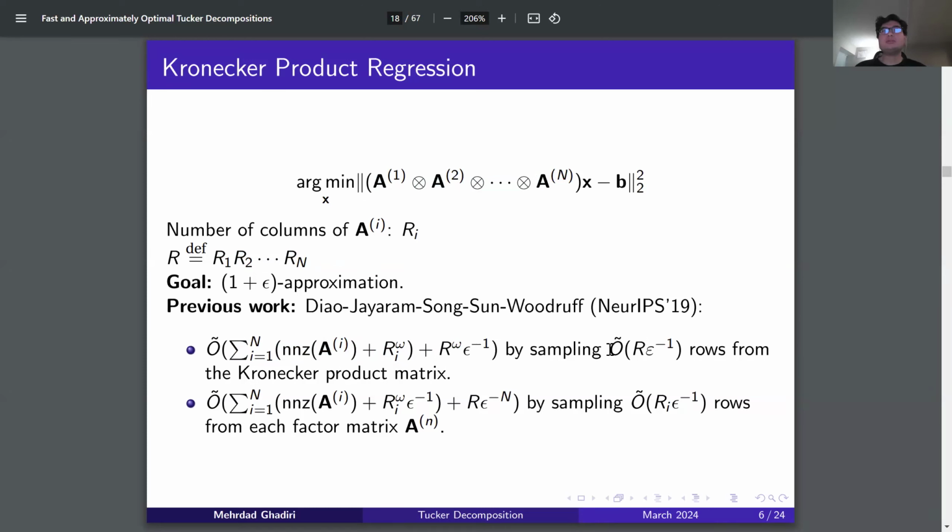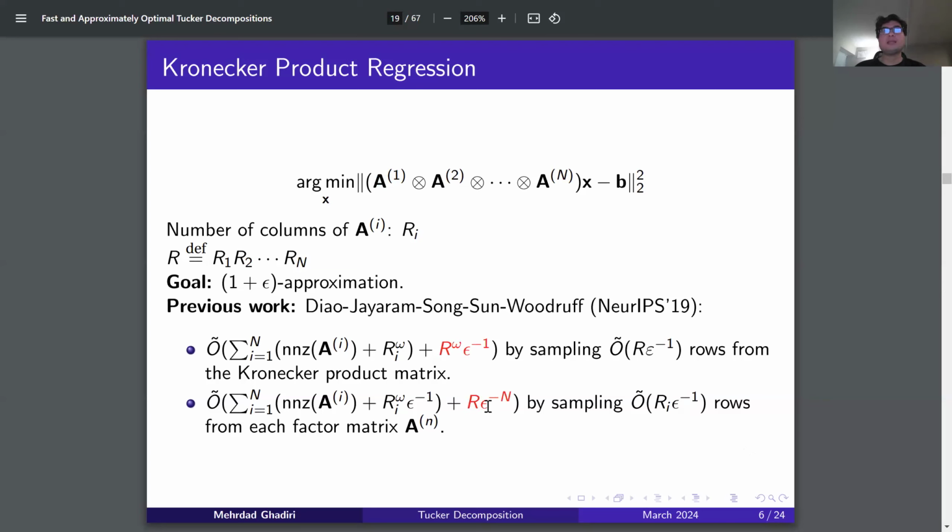The other way you can do this is to sample from each matrix separately. Sample Ri over epsilon rows, and then take the Kronecker product of the sampled matrices and solve the regression problem for that. That would give you a running time like this, which is linear in R, but in terms of your error term, it is exponential.